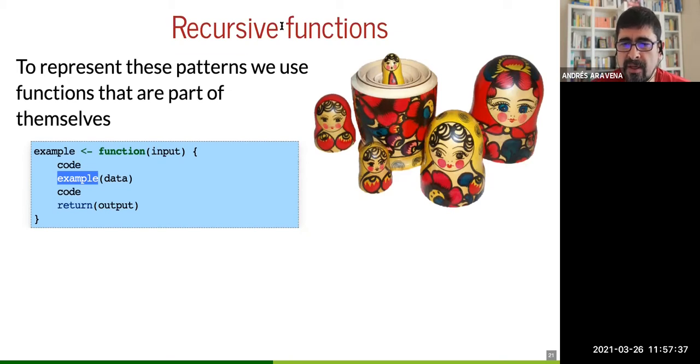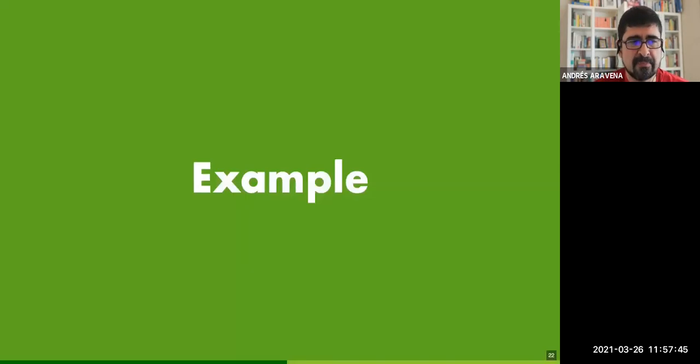The keyword here is recursive function: functions defined in terms of themselves. For example, there is a classical example, not necessarily the correct way to do it, but this is the typical example that you will find everywhere that someone tries to teach this. We can talk later about smarter ways to do it, but this is for teaching, okay?